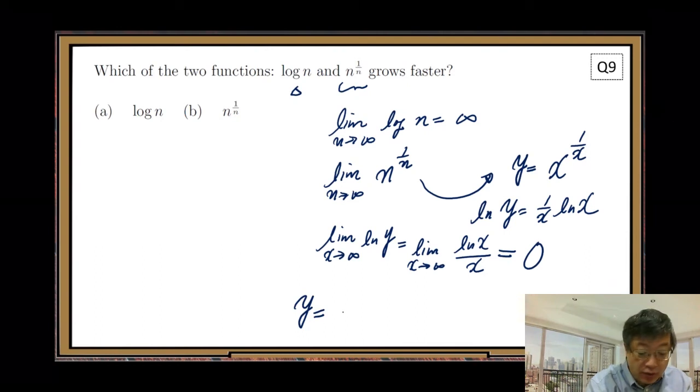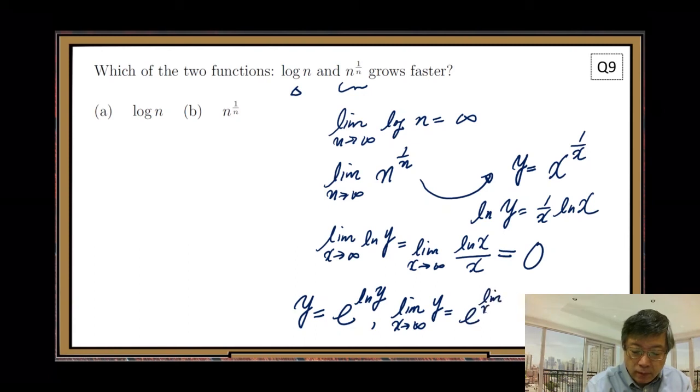What's that? y equals e to the natural log of y, right? Can you see it? y equals e to the natural log of y. So then, when x goes to infinity, y equals e to the natural log of y, and that limit is 0.